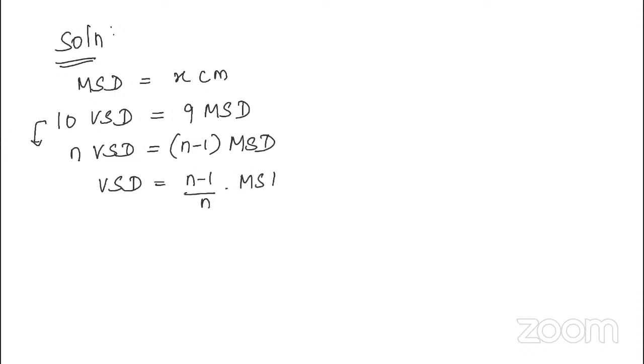The next step, we want to substitute the value of MSD. So n minus 1 divided by n into x. Everything should be in centimeter, so we put 1 centimeter.